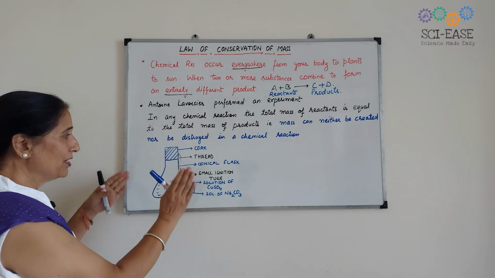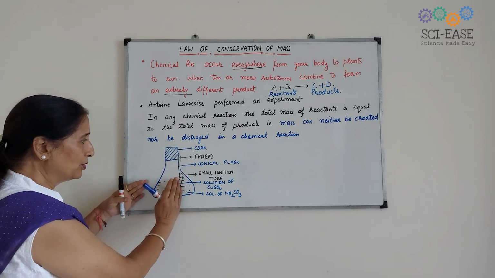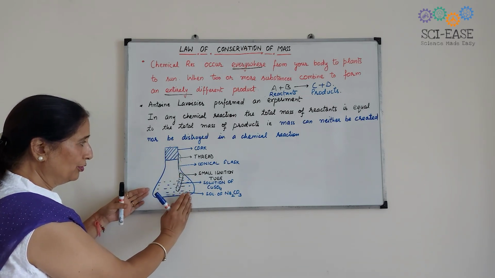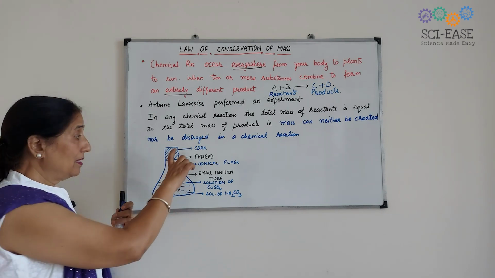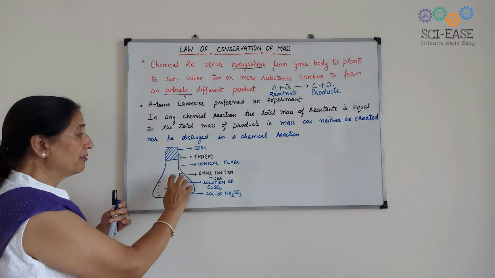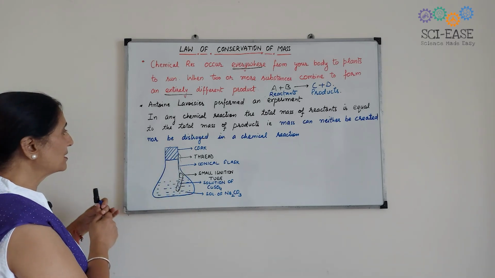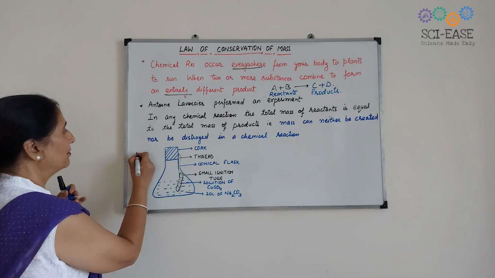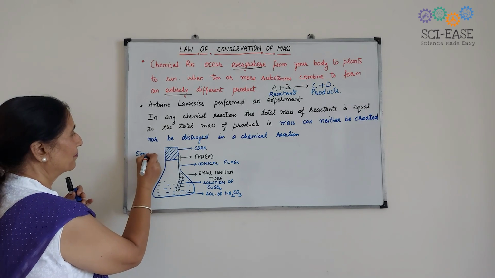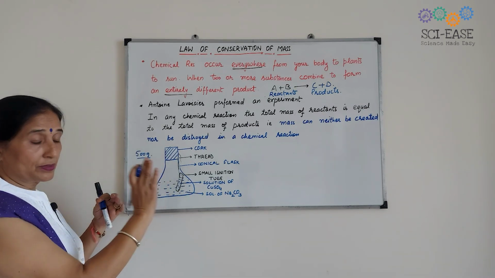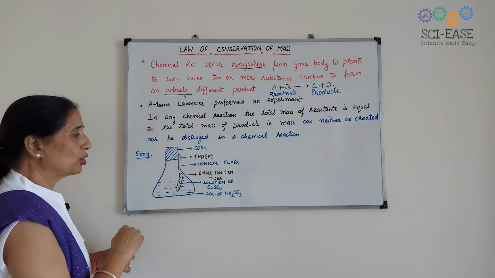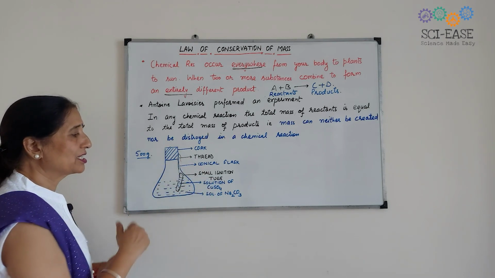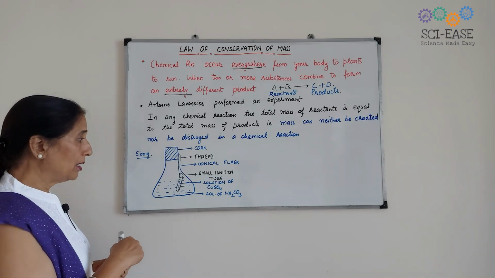Firstly, we have taken the two solutions like this only. We will weigh this conical flask along with the contents. Suppose this comes out to be 500 grams. Now tilt it so that the solution of copper sulfate reacts with the solution of sodium carbonate.